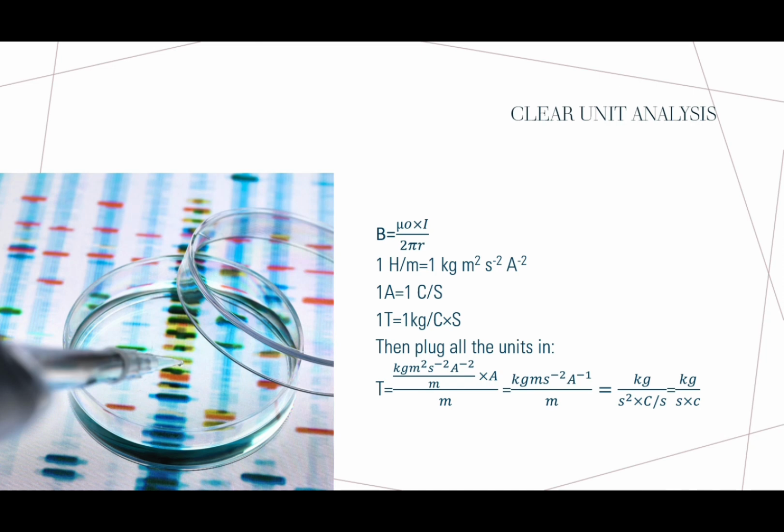And then we know 1 amp equals 1 coulomb per second, and 1 Tesla equals 1 kilogram per coulomb times second. And then we plug all these units into the formula. So we got Tesla equals kilograms over second times coulombs, which is what shows here.